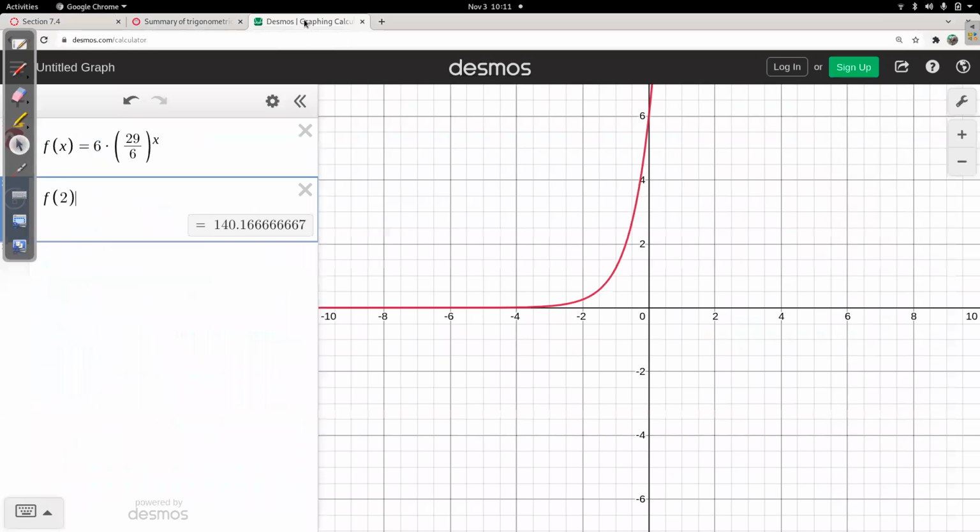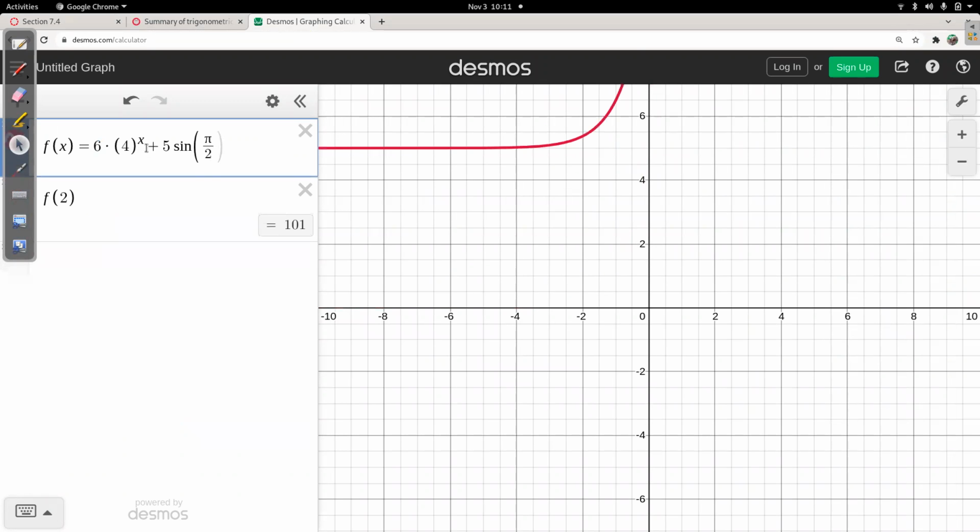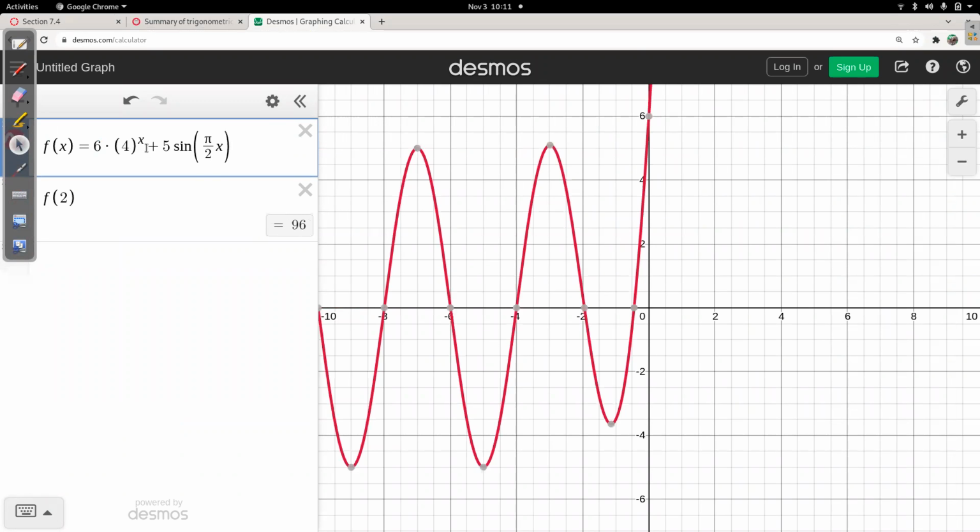So back to our graph here. All right, so we found that that was really just 4. I can leave it in parentheses. And now plus 5 times the sine of pi over 2 x. And so here I get 2, 96.